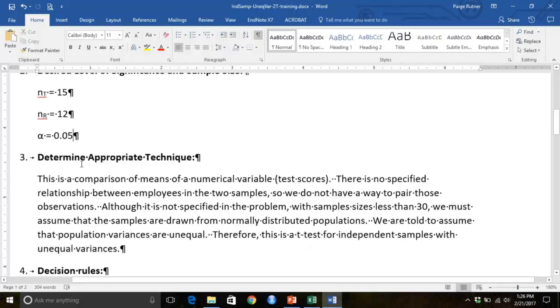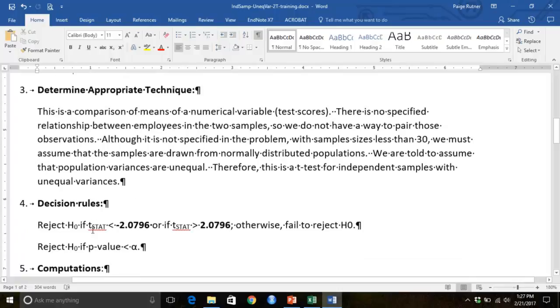And then in my next step here, this is just a restatement of the logic and the assumptions that we had talked through to get us to a t-test for independent samples with unequal variances. So just repeating that. All right, coming down here, the next thing I have is my decision rule. And so my decision rule is stated as we normally state it for a two-tailed hypothesis.